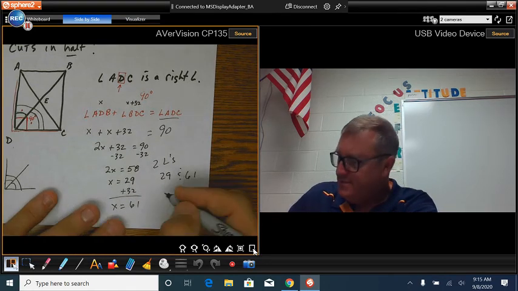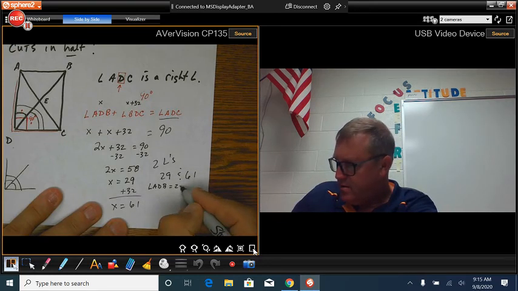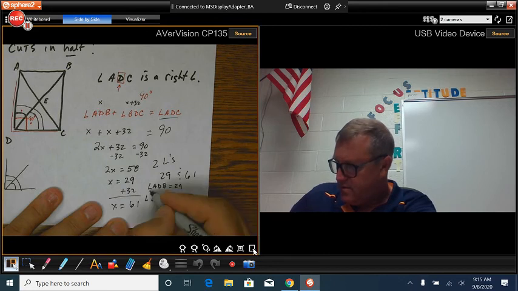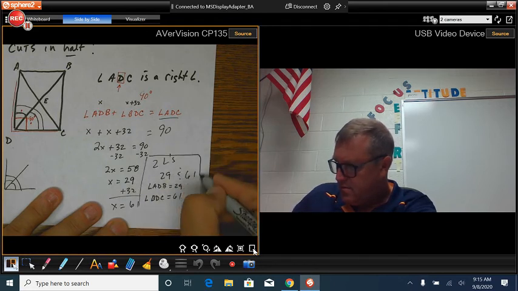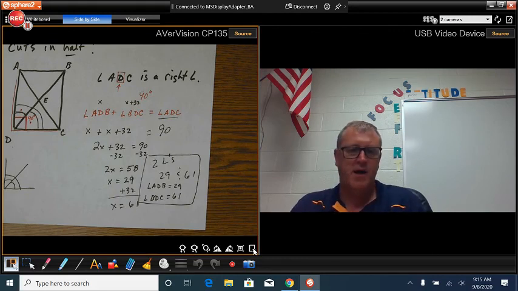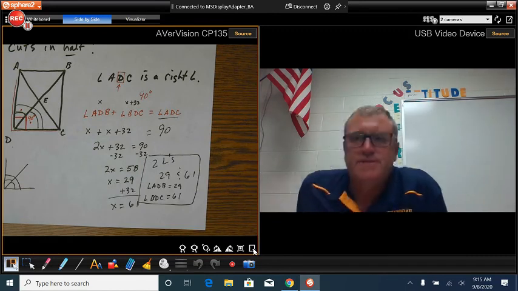Which one's 29? Angle ADB, and angle BDC is 61. Good habit to get into is to put a square, a box, a circle around your answer. Questions?